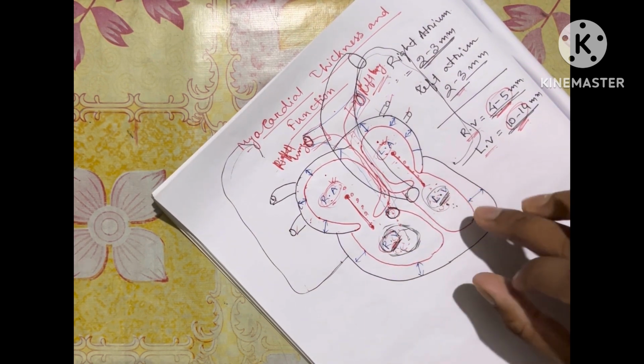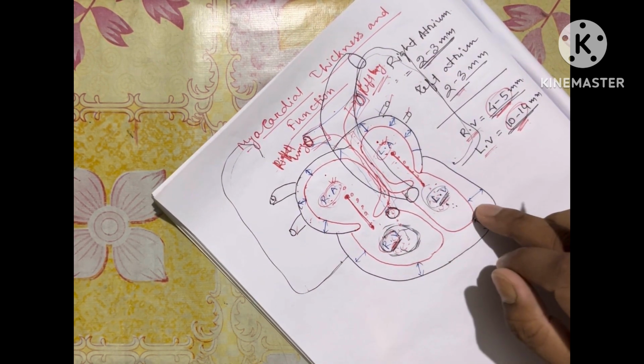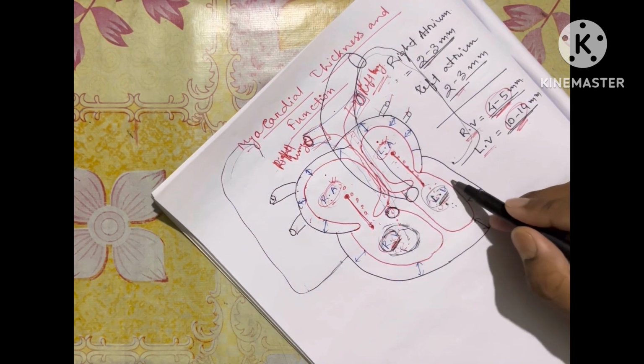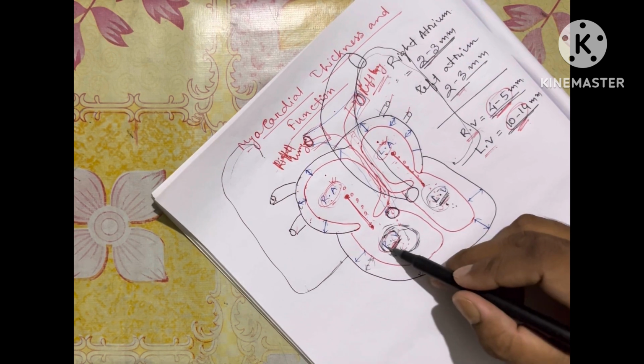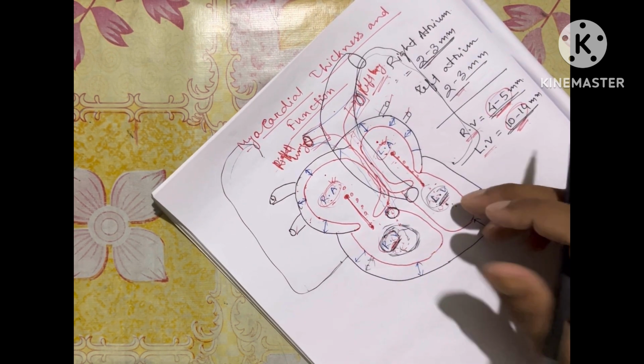So the thickness of their walls is different. Because if the left ventricle had the same wall thickness as the right ventricle, when the same pressure is applied, then what will happen?